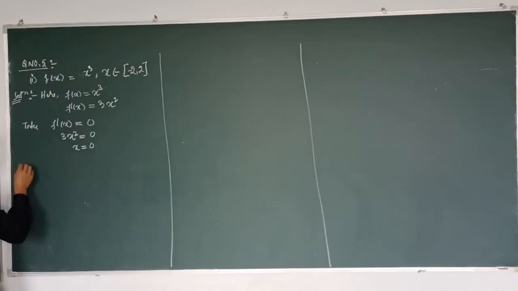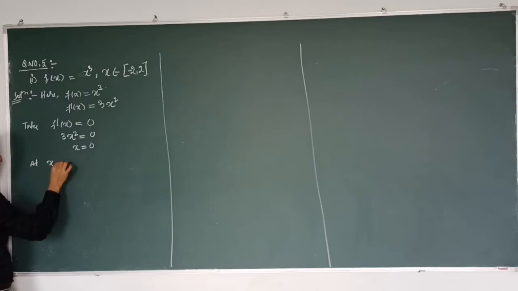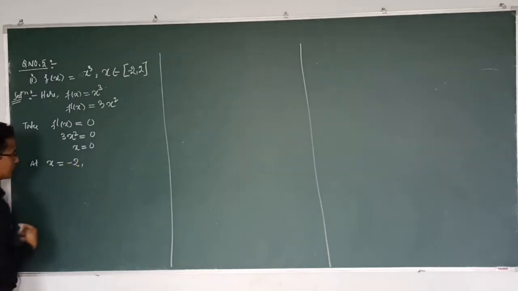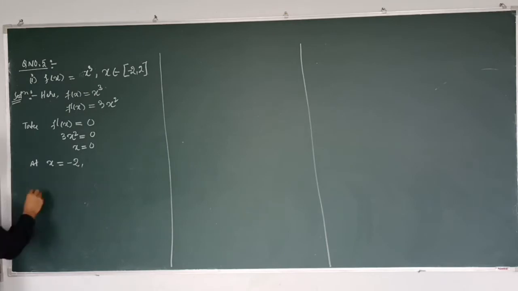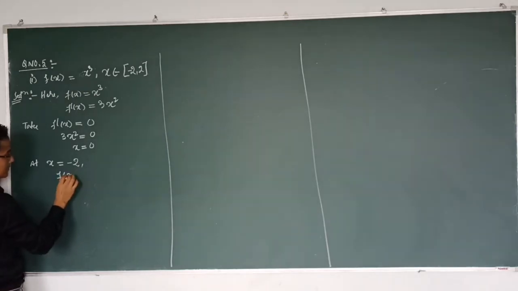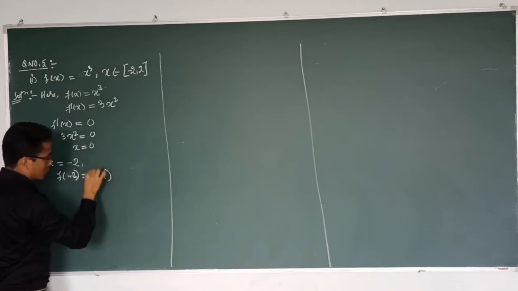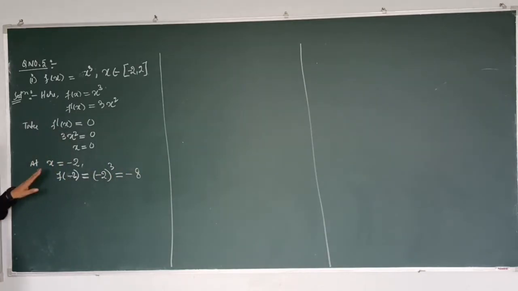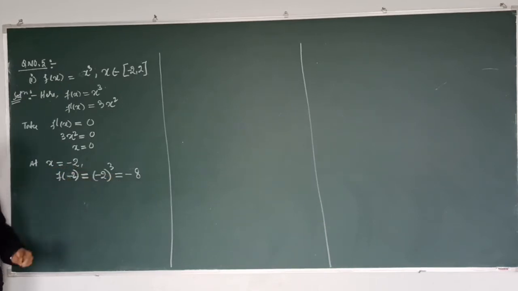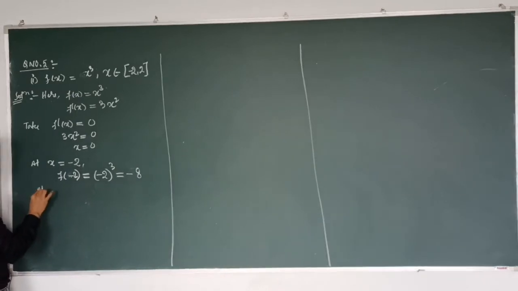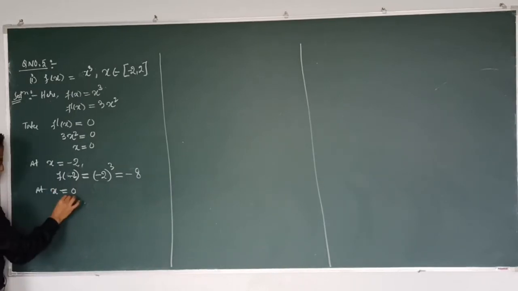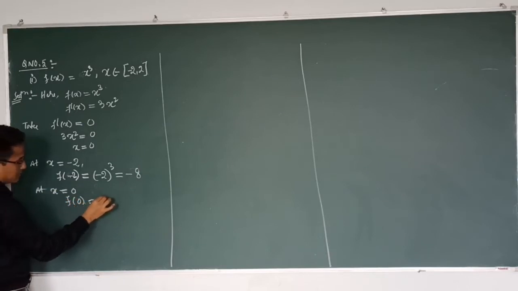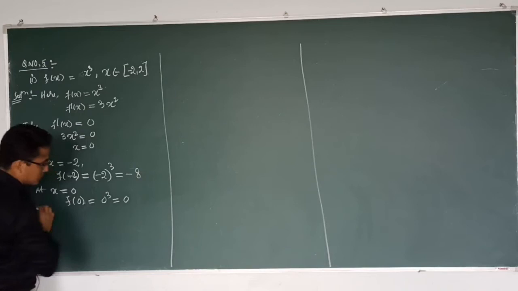First at x equal to -2, f of -2 is -2 whole cube, that means -8. Now at x equal to 0, f of 0 means 0 cube equal to 0. Clear?